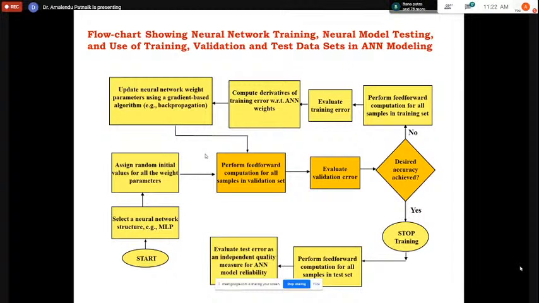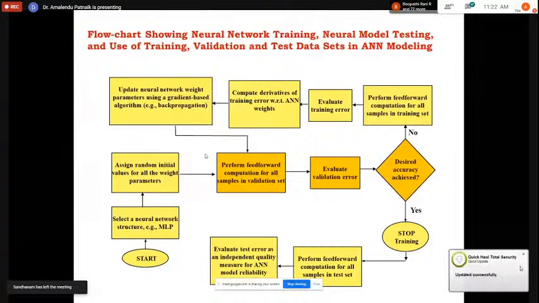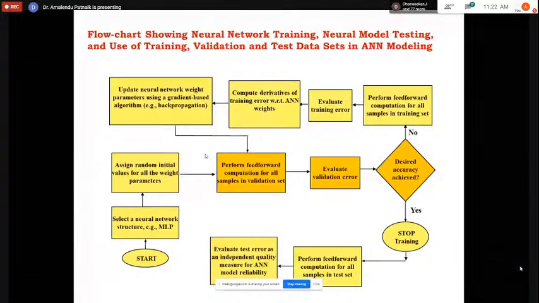This is the flow chart showing neural network training. But here, one thing to mark is that while collecting data, you don't use all the data for training purposes. You keep some typical data for testing the accuracy of the trained neural network.